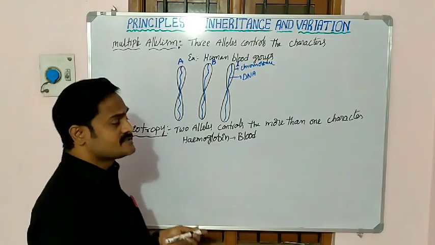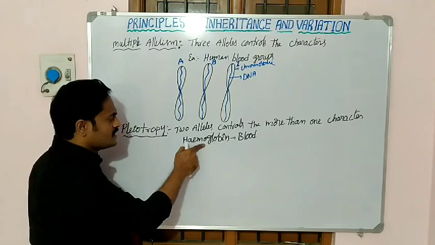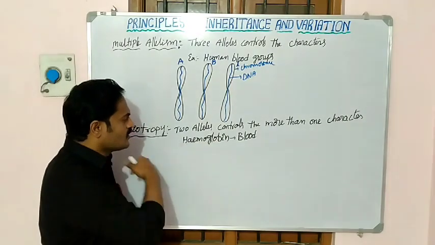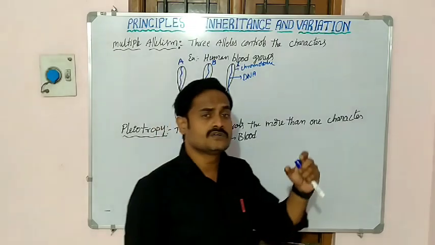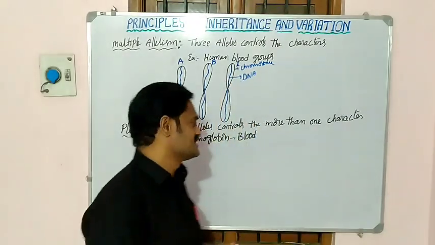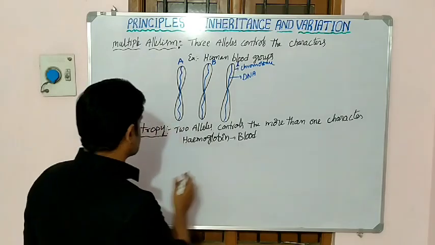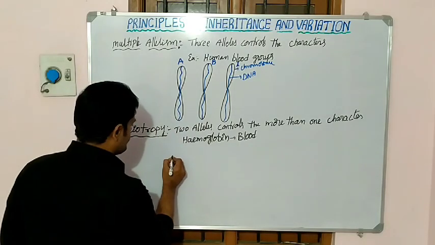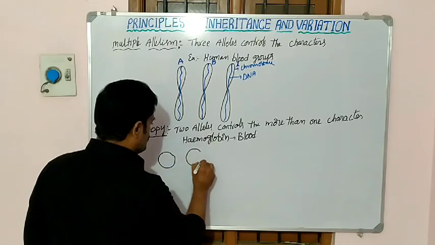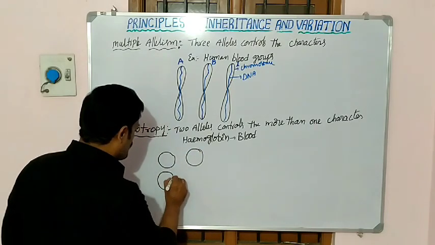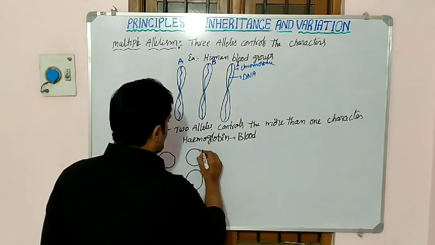When we observe the hemoglobin, it consists of nearly 4 heme molecules and also 4 globin protein chains. I will draw roughly for understanding purpose. See here, suppose these are the 4 heme molecules.